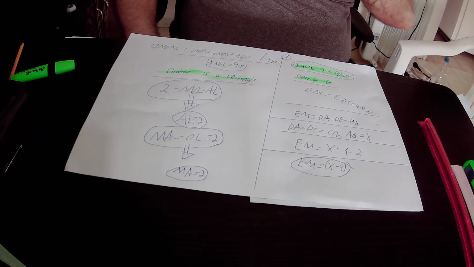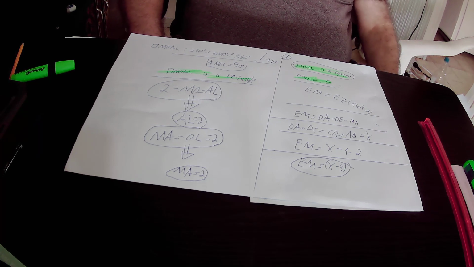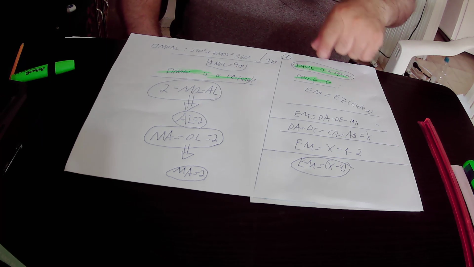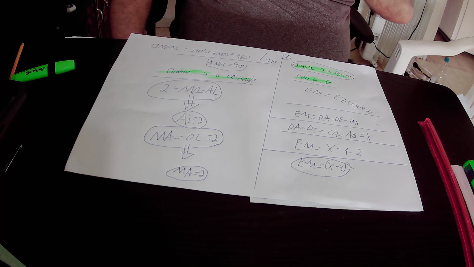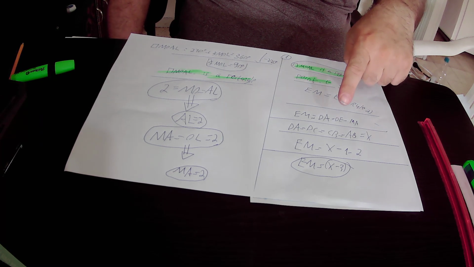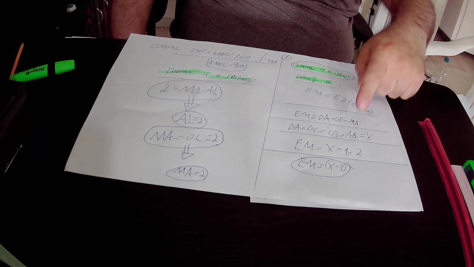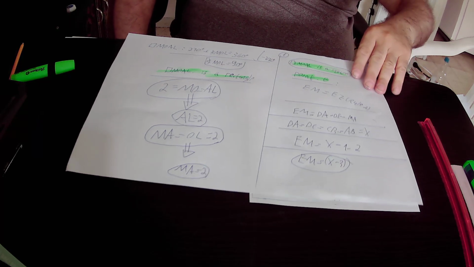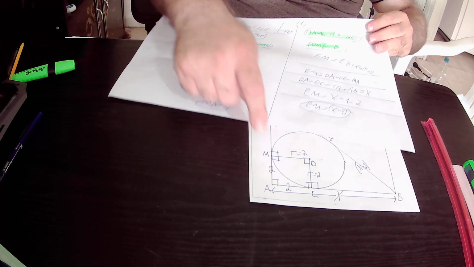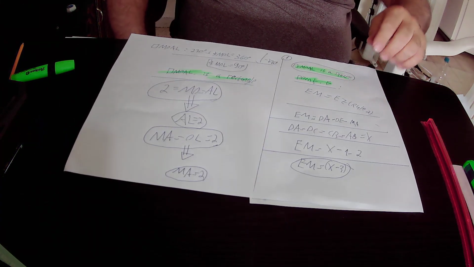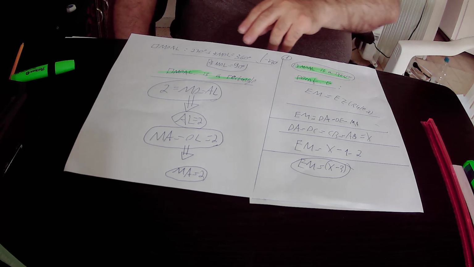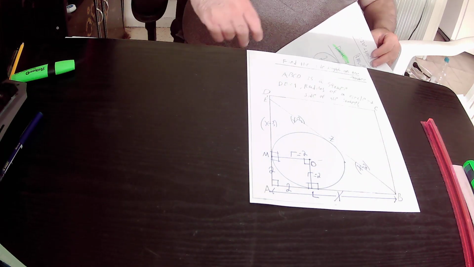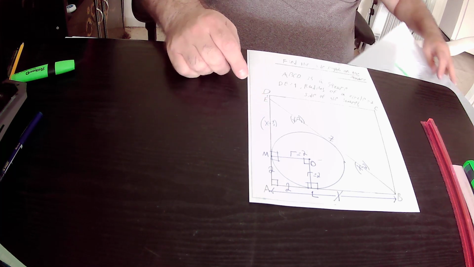And we defined the side length of the square ABCD as X. So DA equals DC equals CB equals AB equals X. So EM equals X according to our definition, minus DE, that is 1 according to what is given in the question, and MA is 2 according to what we have already found out. So in conclusion, EM equals X minus 1 minus 2, which is X minus 3. So here, EM equals X minus 3.